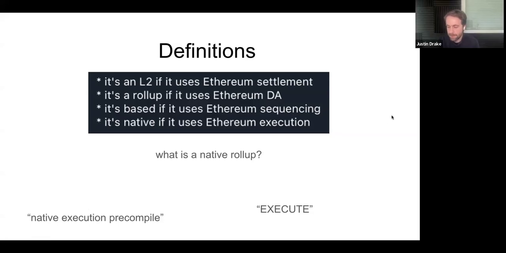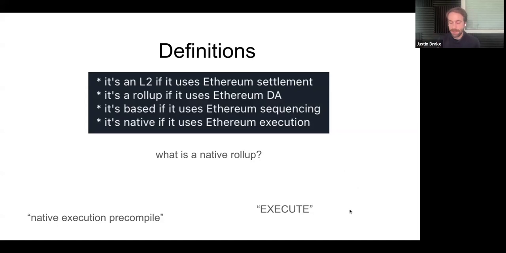Yeah, so my perspective on native rollups is that the subroutine that executes transactions basically uses a precompile which is exposed at the EVM. And this precompile is this EXECUTE precompile that you have in quotes here, all capitals, which takes several inputs.